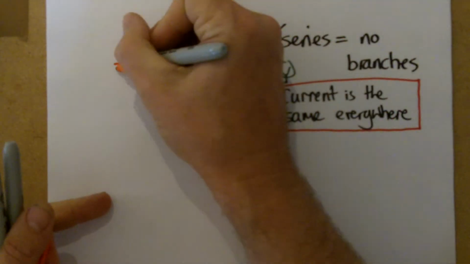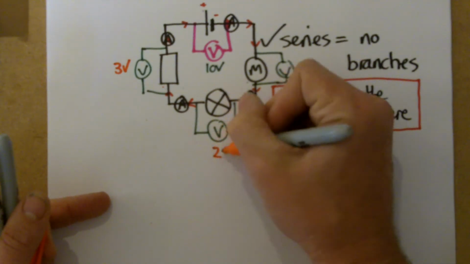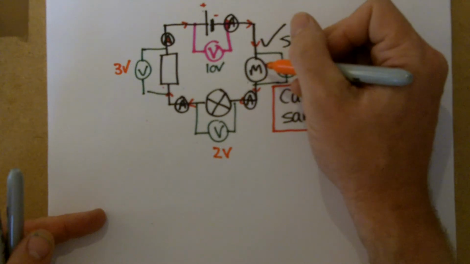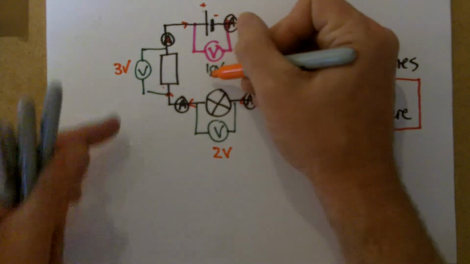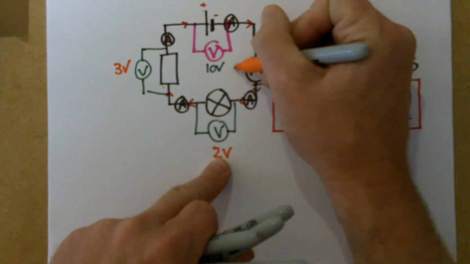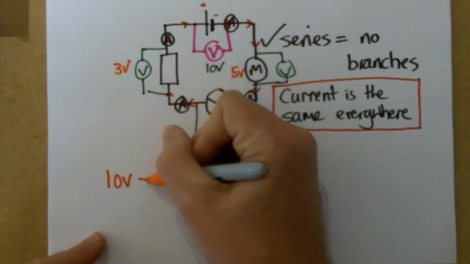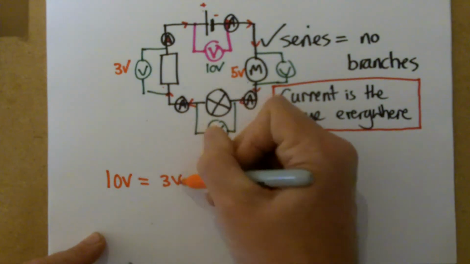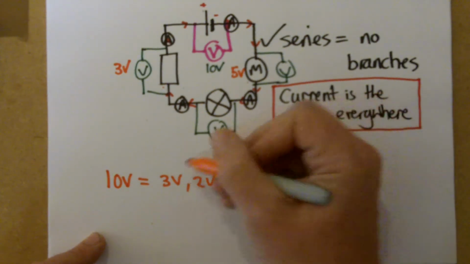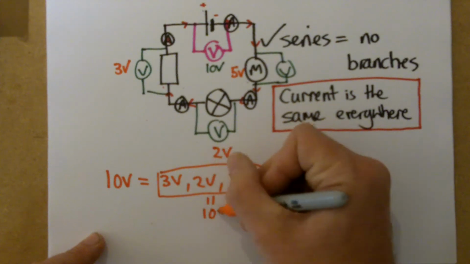So this one might be 3 volts, this one might be 2 volts, and therefore the motor must be 3 plus 2 equals 5, and I need therefore that to be 5 as well in order to add up to the 10. So the 10 volt supply is then transferred into 3 volts, 2 volts and 5 volts, i.e. that lot added together equals 10 volts.